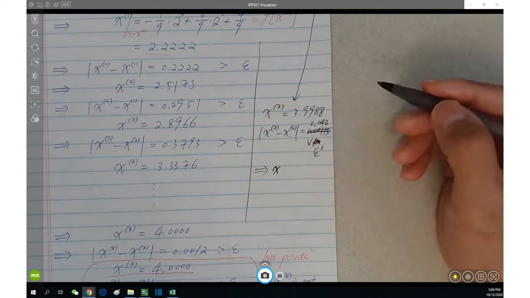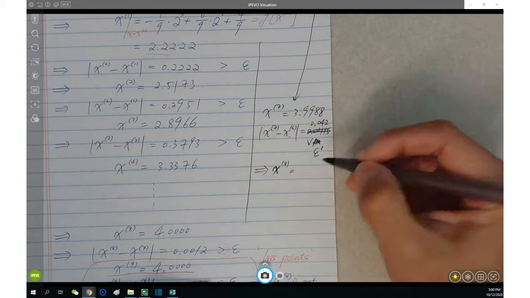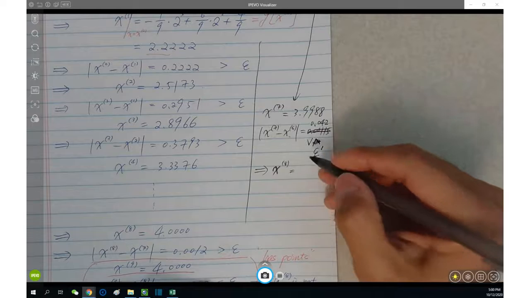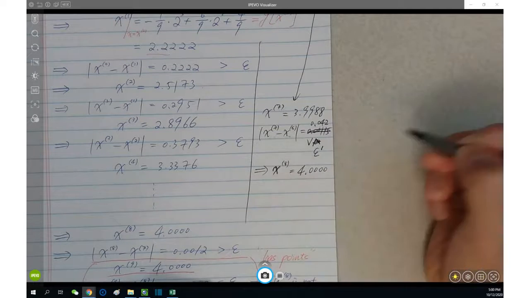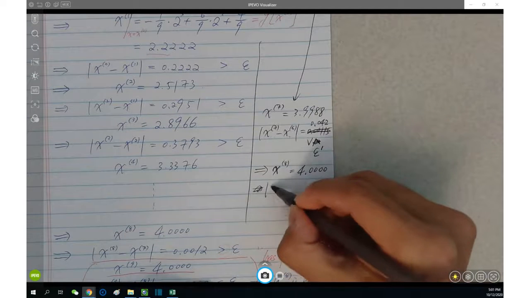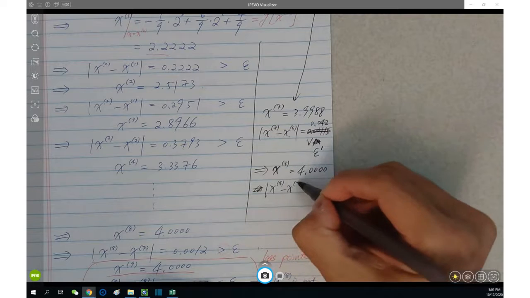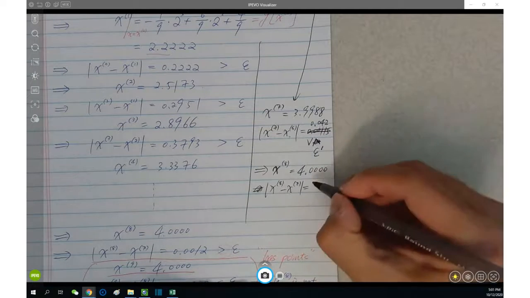So what you need to do is derive x8, which equals what? 4.9. Yeah. Right? And then from here, you check x8 to x7. The difference will be 0.00115, 0.0012.